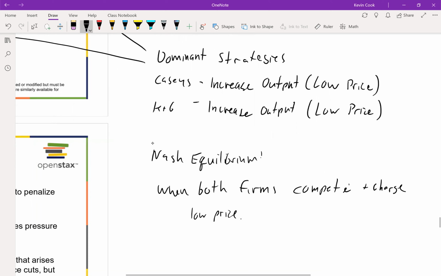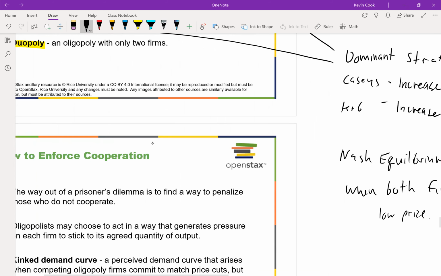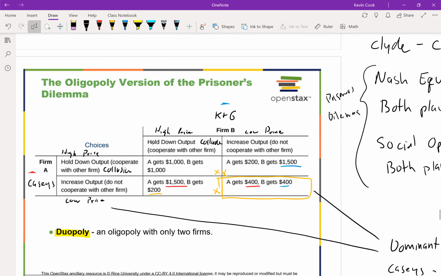And again, we also see that this is contrary to what we, from the firm's perspective, would like to see, because I would rather make $1,000 than $400, but I can't cooperate. I can't cooperate because I'm going to act in my self-interest, and I believe that my opponent will act in their self-interest.